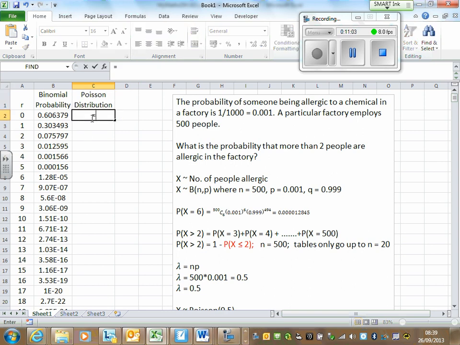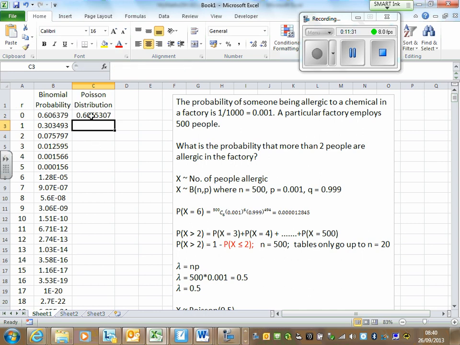Right, so it's got a mean of 0.5, an expectation of 0.5, so it'll be exp, and it'll be minus 0.5, because it has to be minus, remember. Then it's going to be 0.5 to the power of that, divided by that factorial.